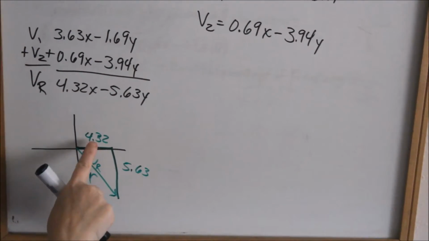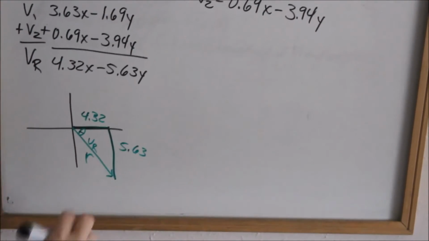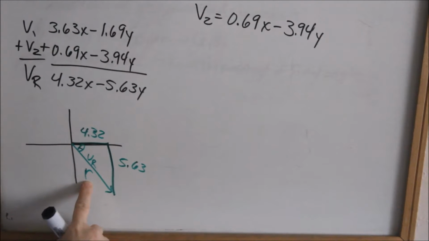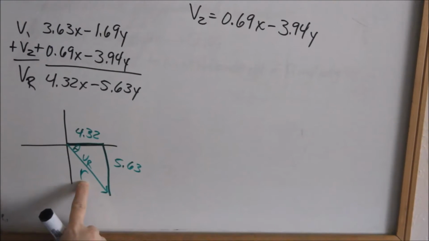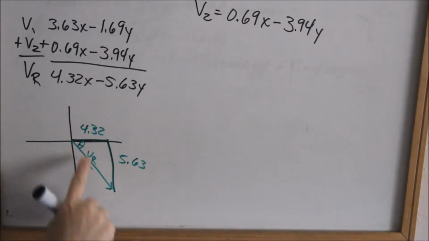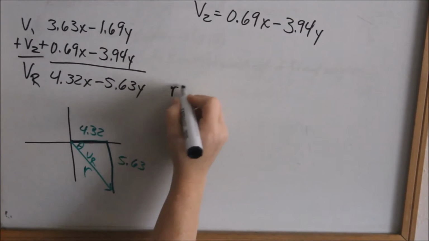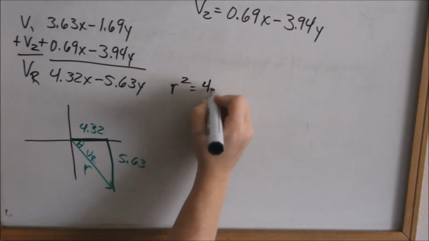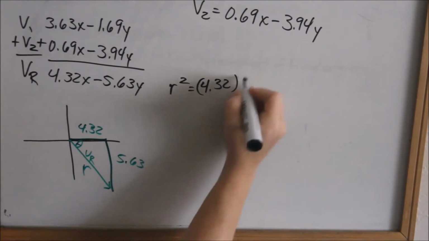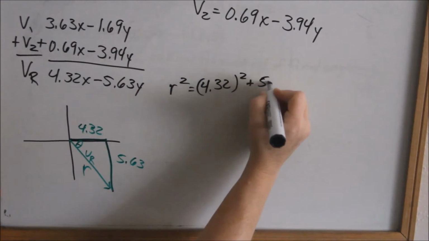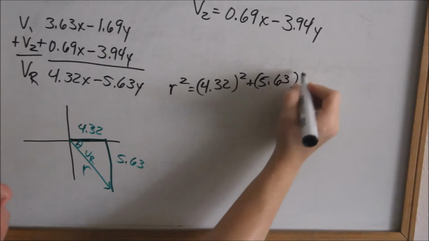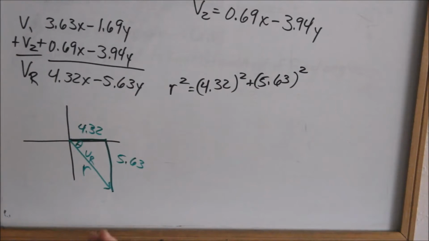So here's what we have. We're taking this x and y value and now converting them back into an r theta. We want our final answer to be in polar coordinates. So how do we find r if we know x and y? Pythagorean theorem. Okay, so r squared equals 4.32 squared plus 5.63 squared. I normally go to 2 decimal places.